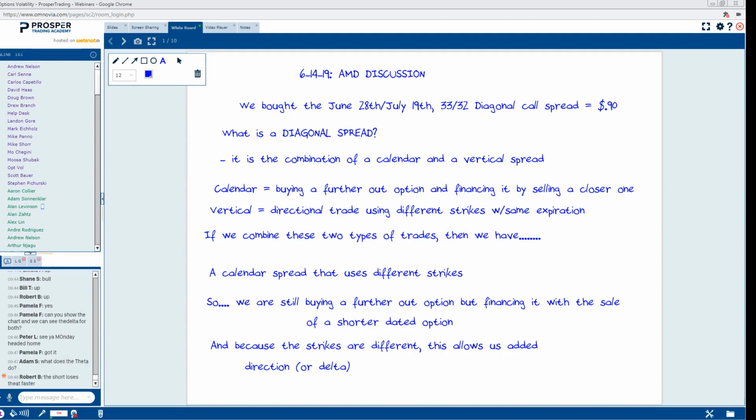Anybody? Perfect. Exactly right, Robert. The short option is going to lose its premium faster than our long option. Thus the rationale, if you think about it, that the short option we're selling is financing the purchase of the long option that we bought.